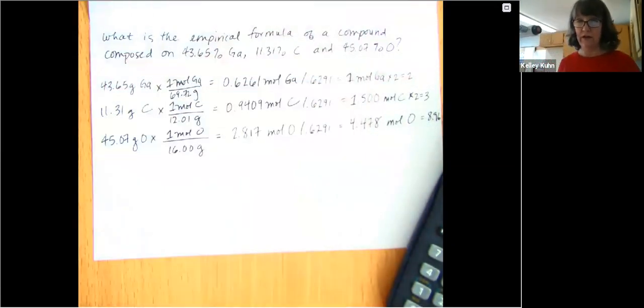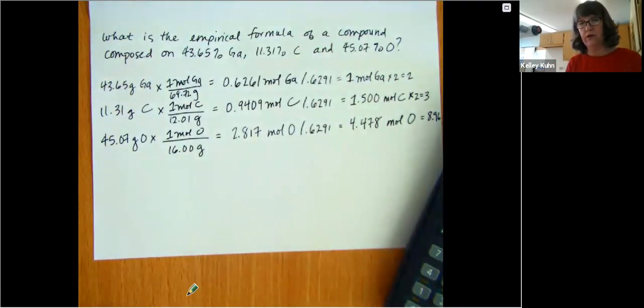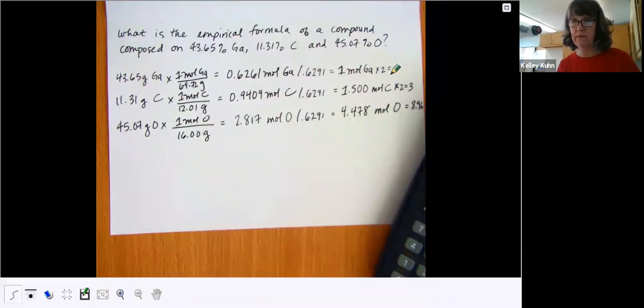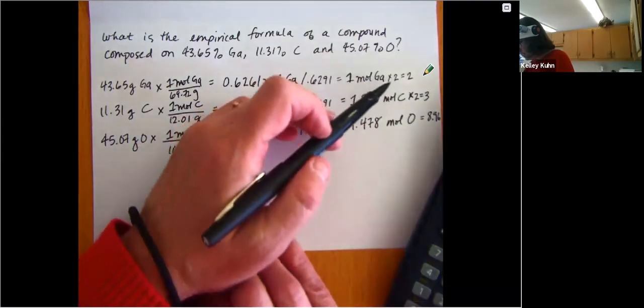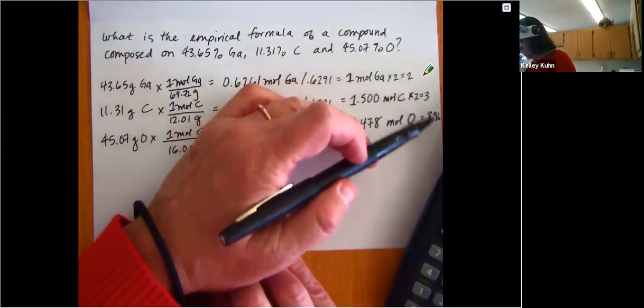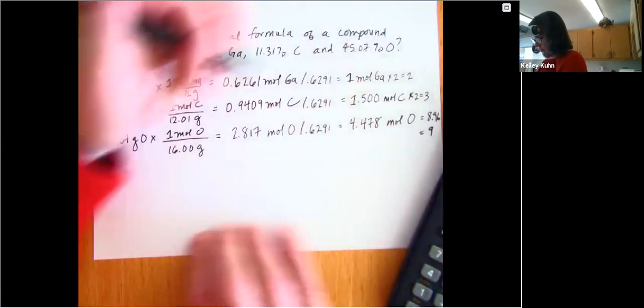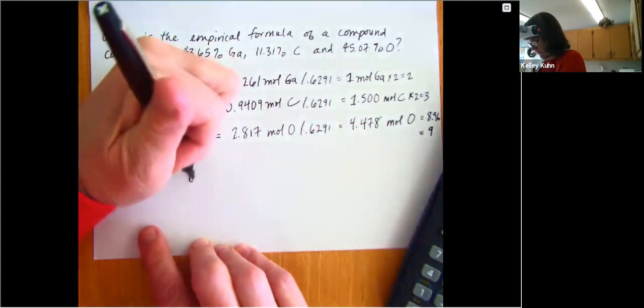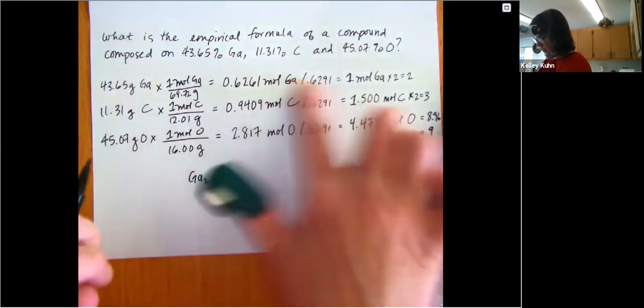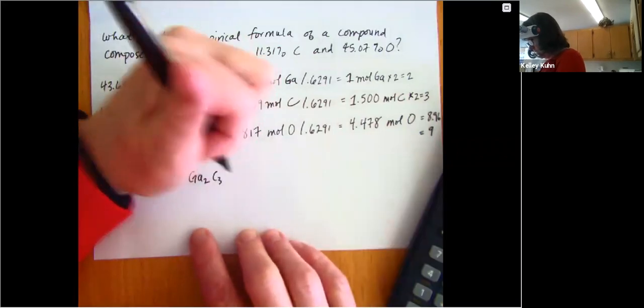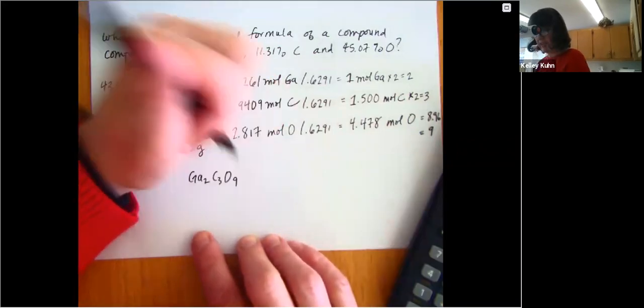That is close enough to round. So let me move this up just a little bit. So here, our formula, 2, 3, and 9, that would round to 9. So this would be gallium has a 2, carbon will have a 3, and oxygen will have a 9.